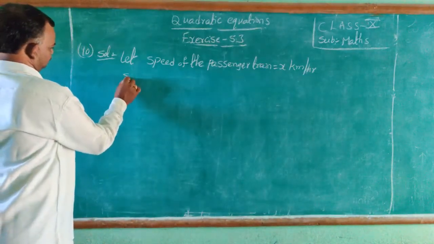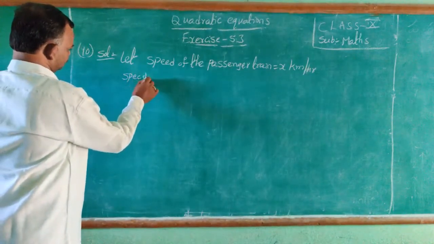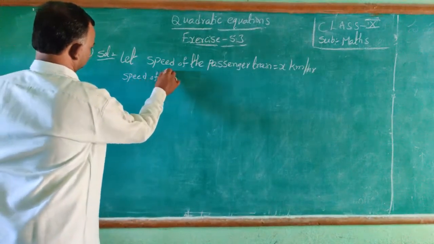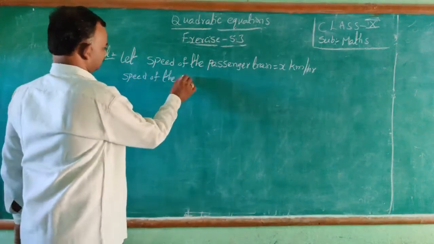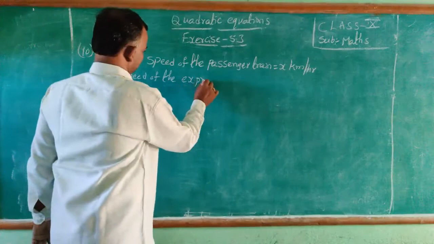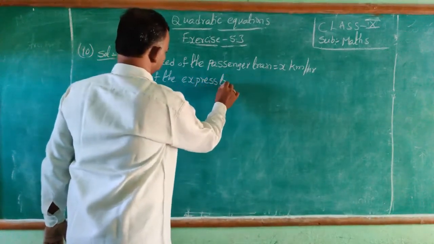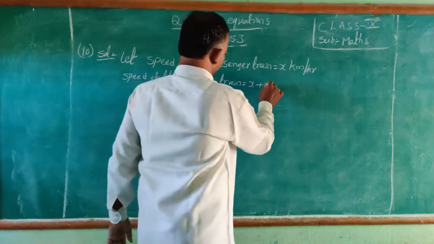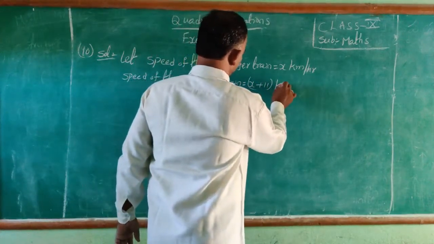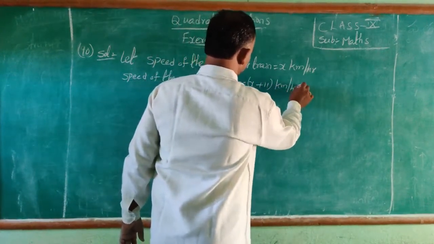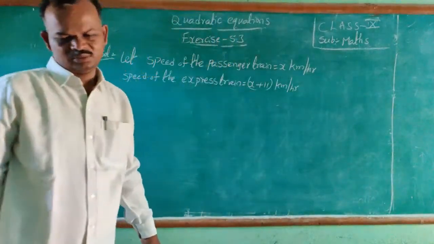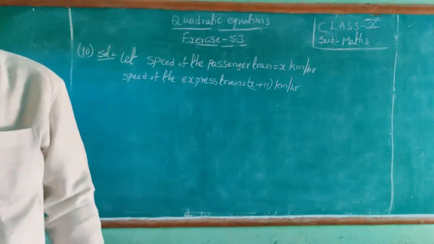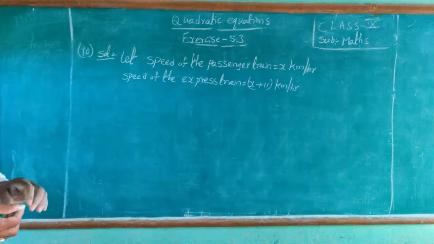Next, speed of the express train is equal to x plus 11 kilometer per hour. It is average speed of 11 kilometers more than the passenger train.